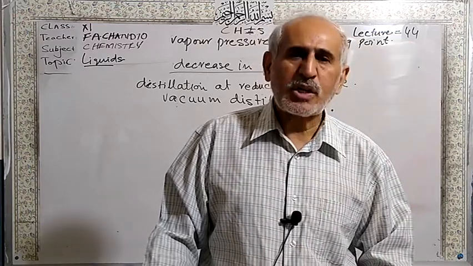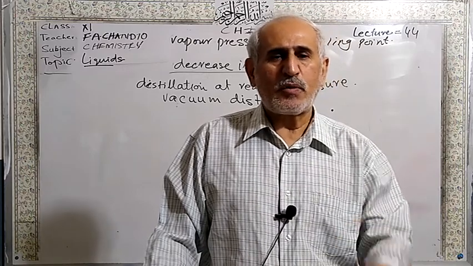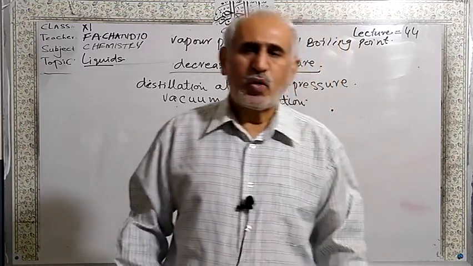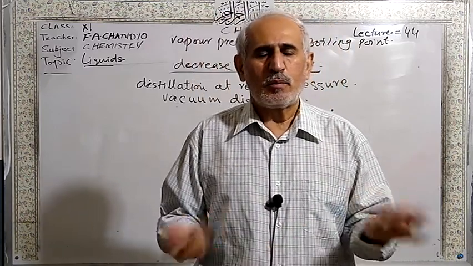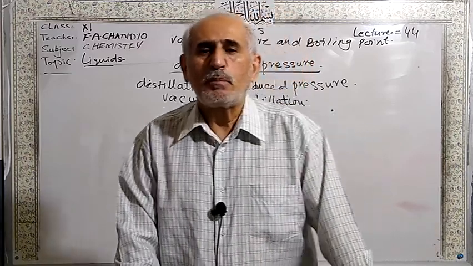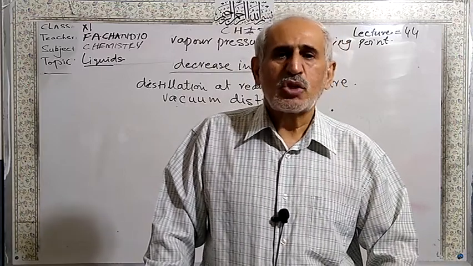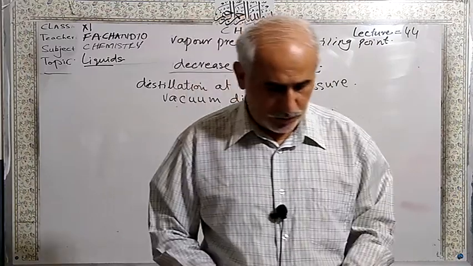But here the pressure is only 50 millimeters of mercury, so the purification takes less time. So we save time and also fuel by using this apparatus to decrease the pressure inside the apparatus, so we can separate the glycerine from its impurities.